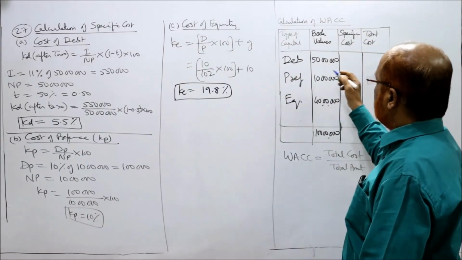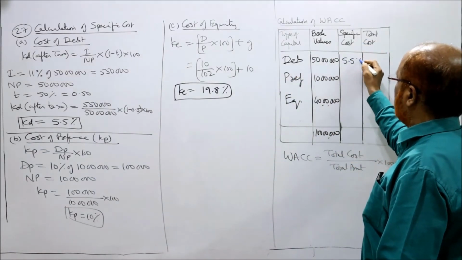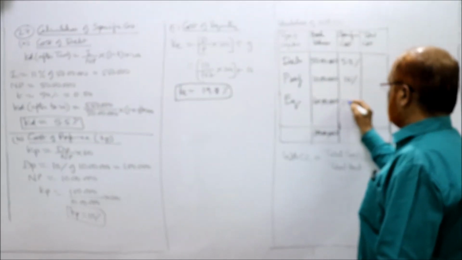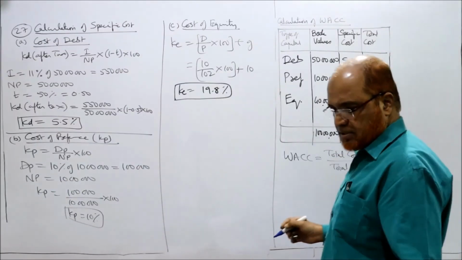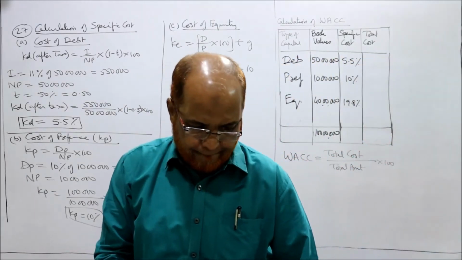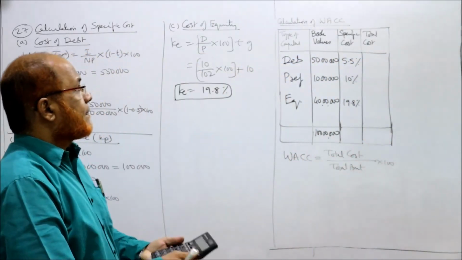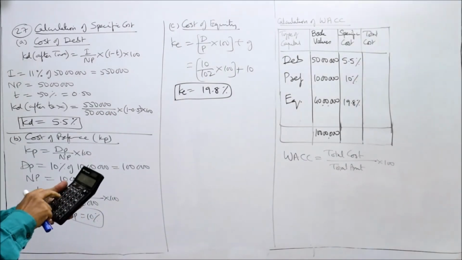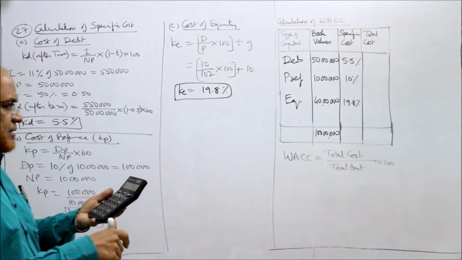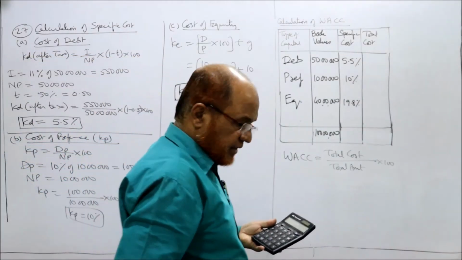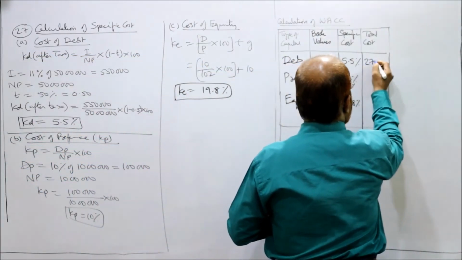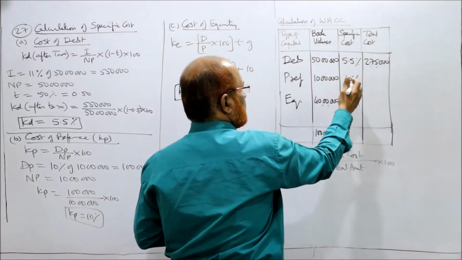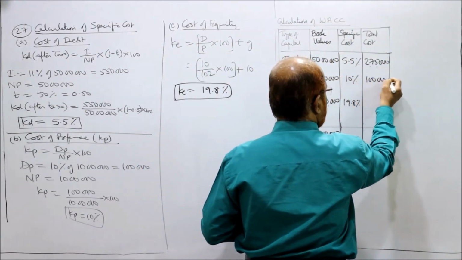Then KD is 5.5%. KP is 10%. KE is 19.8%. 50 lakhs into 5.5%, 2,75,000. 10 lakh into 10%, 1 lakh.